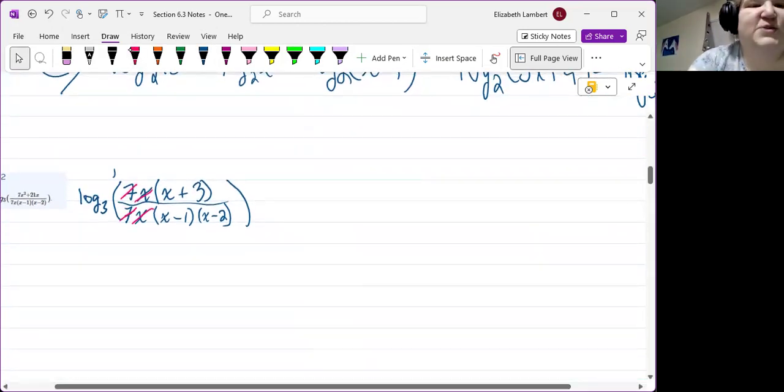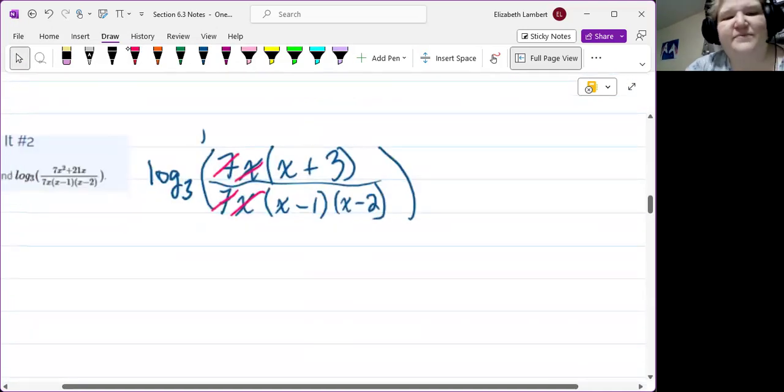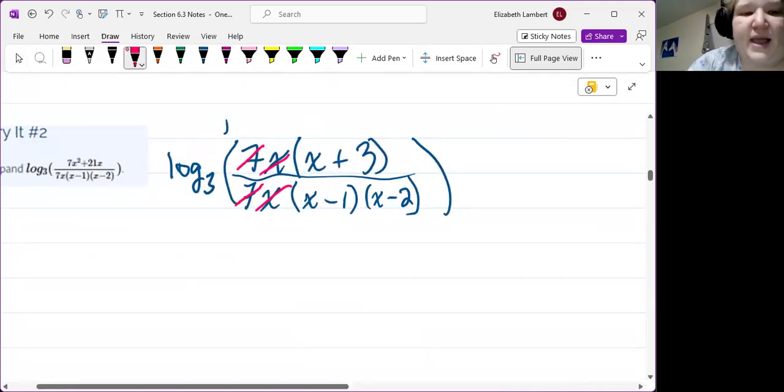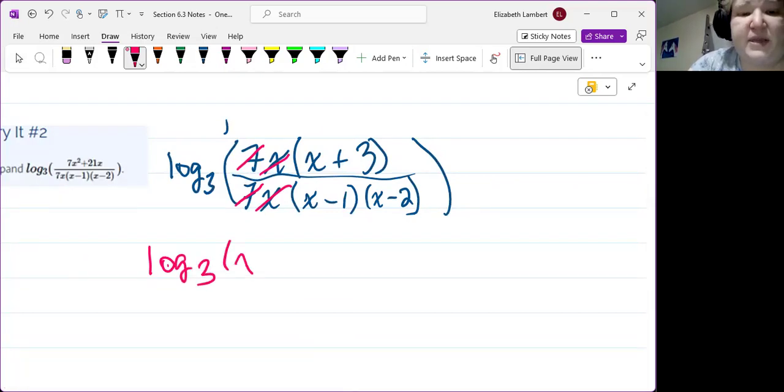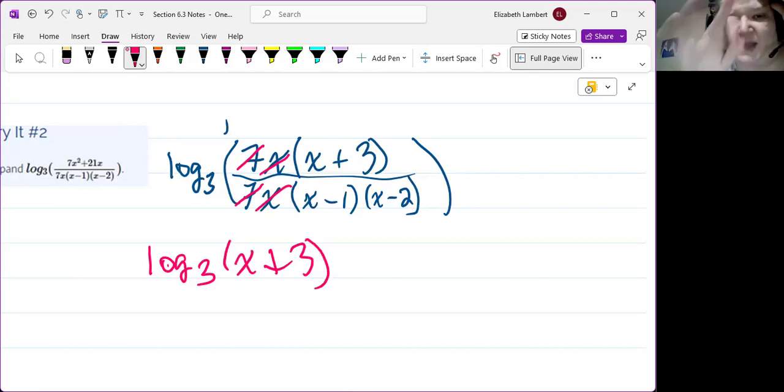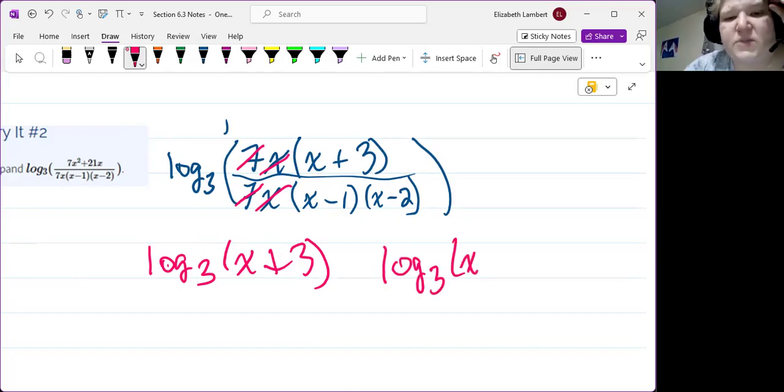All right, so this one down here, I have log base 3 of x plus 3. That's on top, so I don't need to put a minus in front, it's positive. Then I have log base 3 of x minus 1.